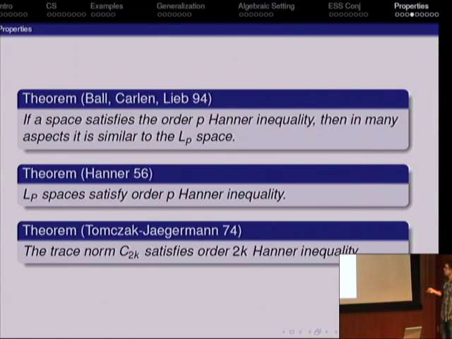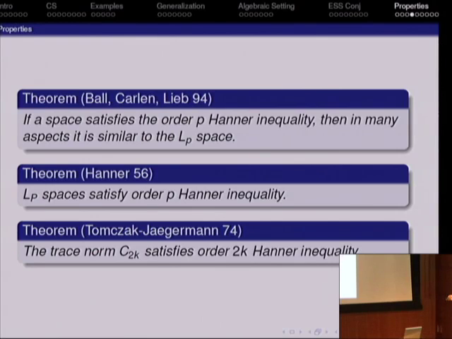And so amazingly, the next natural class is Schatten norms one wants to look at. For Schatten norms, it is known for even integer Schatten norms, exactly because they're combinatorial, because we can expand things. So that's due to Tomczak-Jaegermann from '76. She verified this for basically the C_2k norms in our notation, the graph norms. And for other Schatten norms, it's conjectured to be true, but no one knows how to prove it.